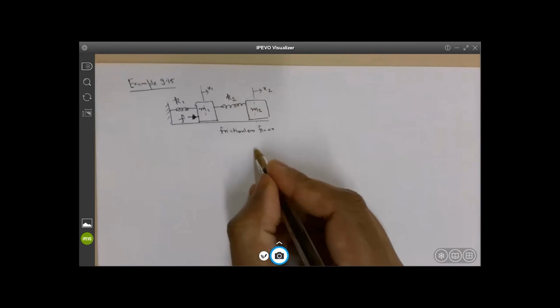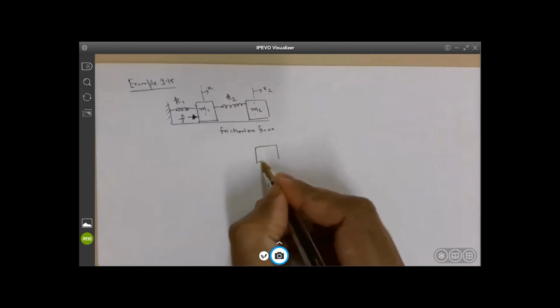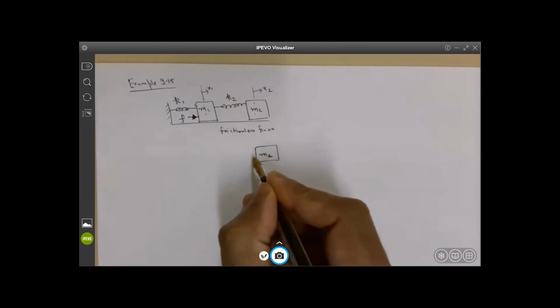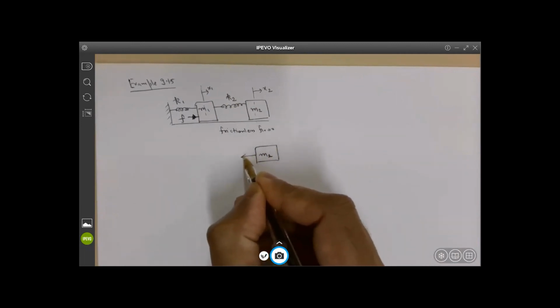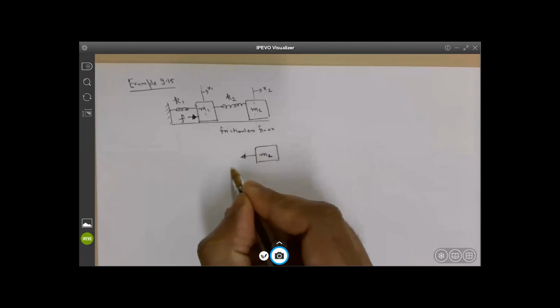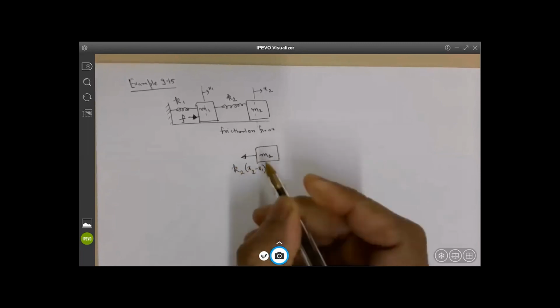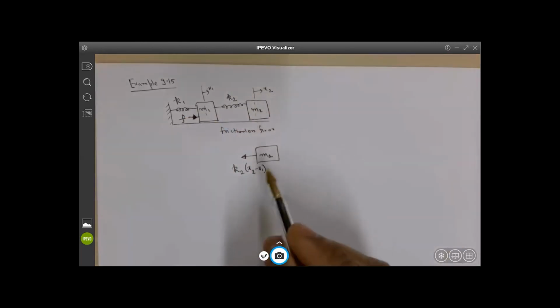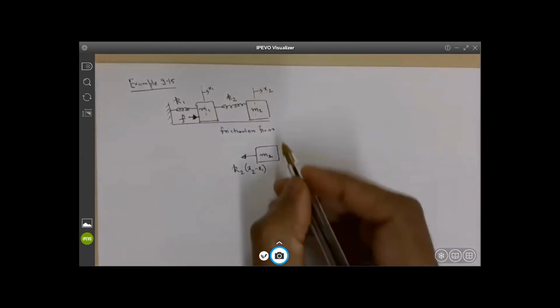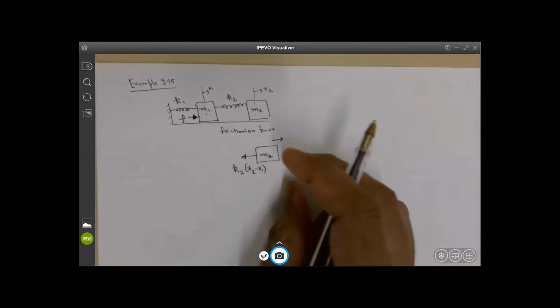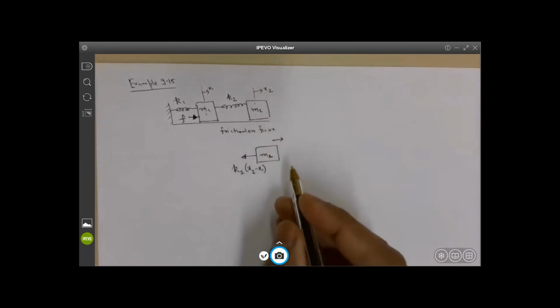To write the equations of motion, we can draw a free body diagram for each one of the masses. So let's do that. We have M2, and it is experiencing a force given by x2 minus x1, which is the net displacement of the spring, assuming it is moving in this direction.